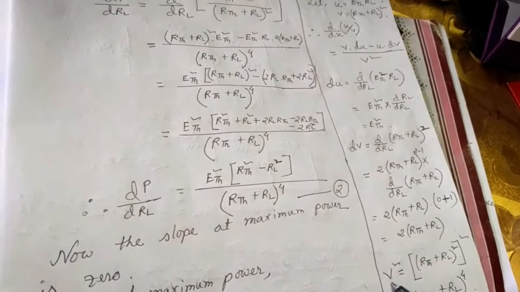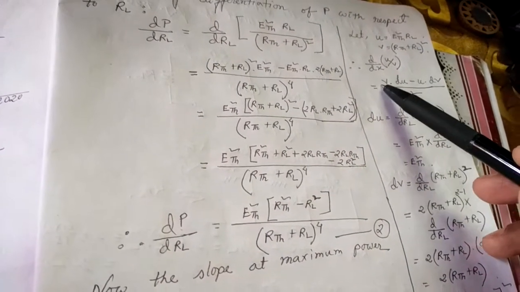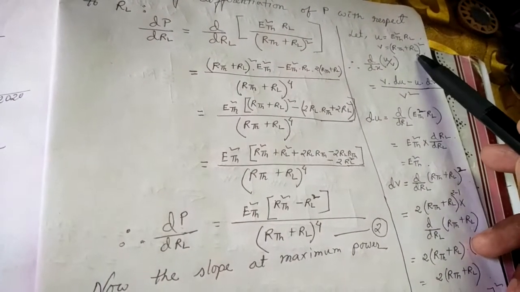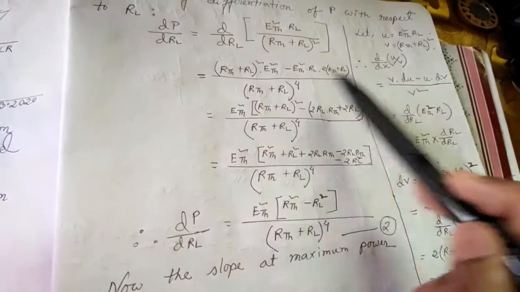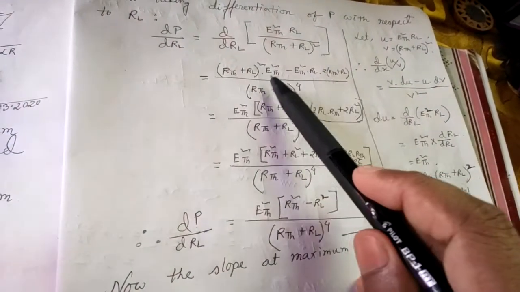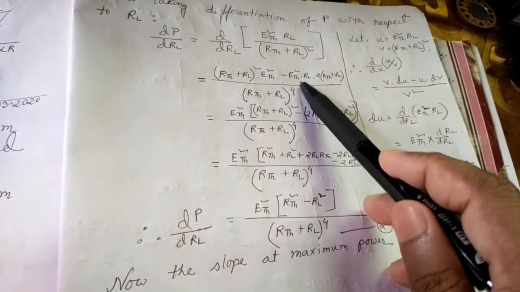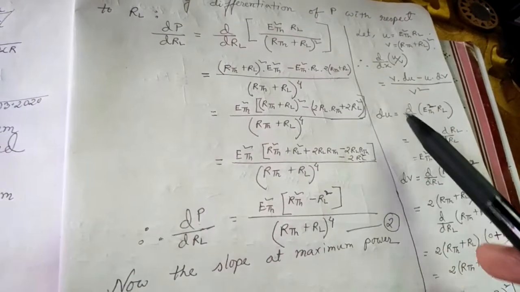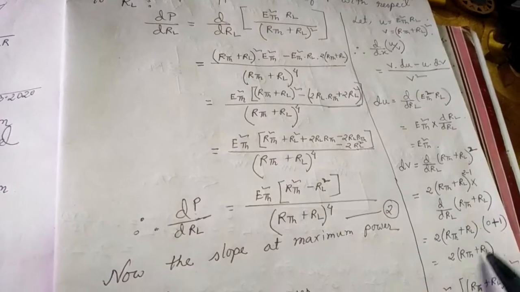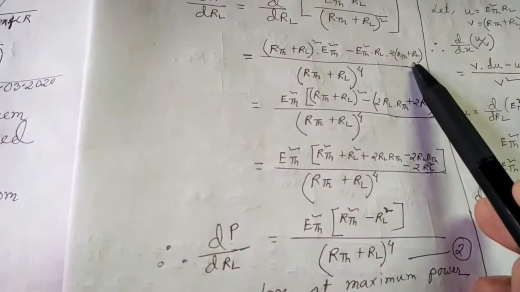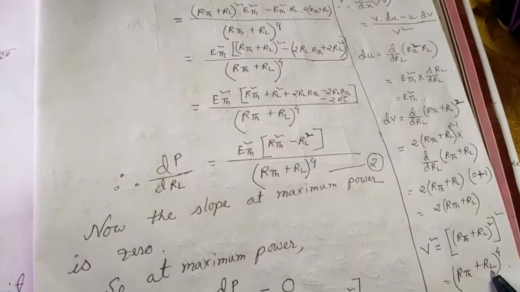If we put all values in this equation, we get V, which is R Thevenin plus RL whole square, multiplied by du, which is E Thevenin square, minus u, which is E Thevenin square RL, multiplied by dv, which is 2 of R Thevenin plus RL, divided by V square, which is R Thevenin plus RL whole to the power 4.